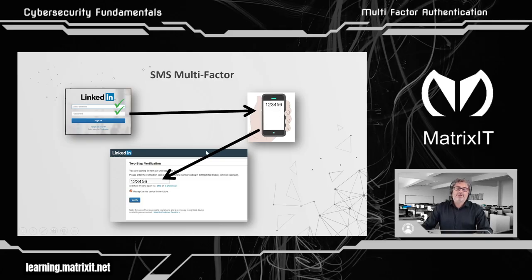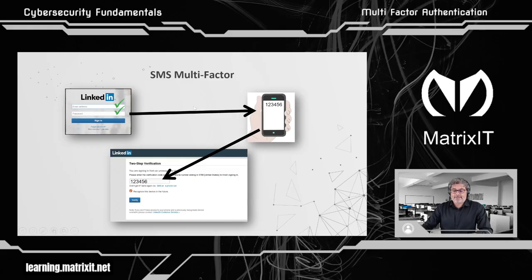That's just a security option that you can put on, because you don't want to go through this every single time on your laptop. The minute you use someone else's laptop, it's going to say, I don't recognize you on this laptop, what's the code? So with SMS multi-factor, the system will send a text to me, and I will put the text into the box here.